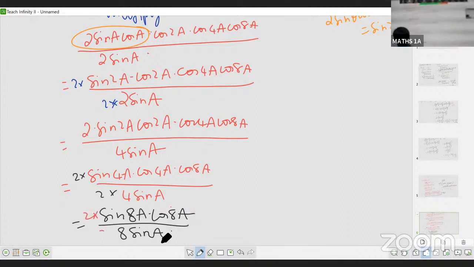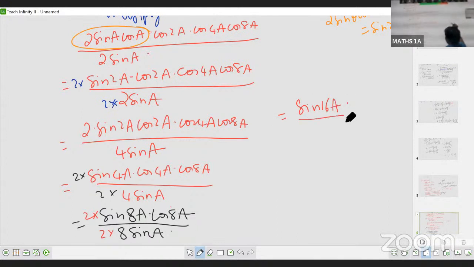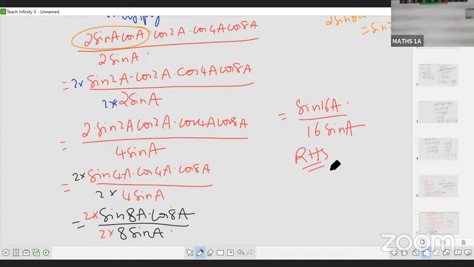Multiply and divide with 2. Is it clear? Again, now that becomes sine 16A by 16 sine A, which is your RHS. It's very, very important for 4 mark, and that was asked in your previous exams also. Is it clear?